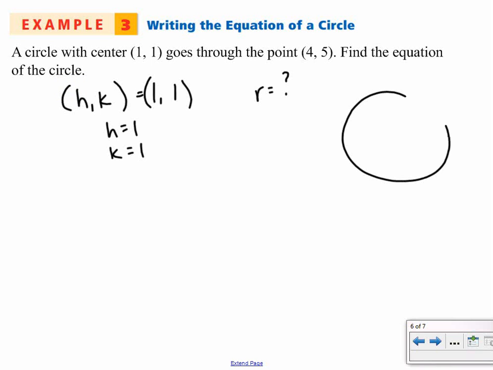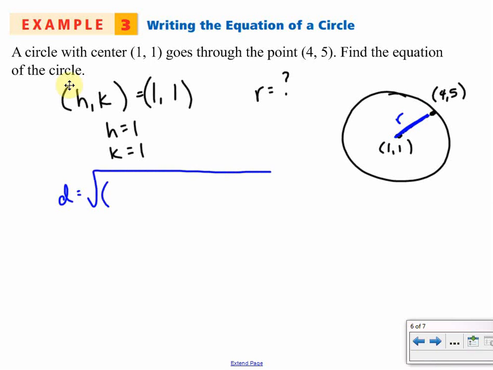Because if you remember from our definition of a circle, all of the radii are equidistant away. So if this point is 4, 5, and this point is 1, 1, I want to find the radius, that represents the distance between those 2 points. So I'm going to use the distance formula to find the radius.